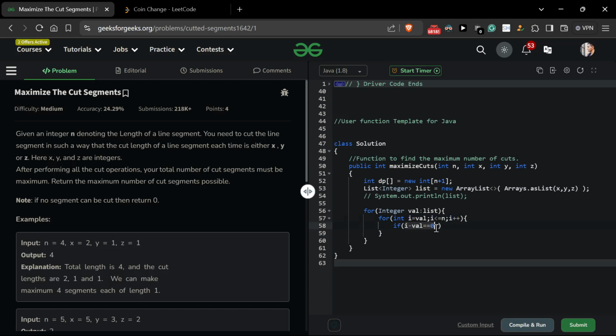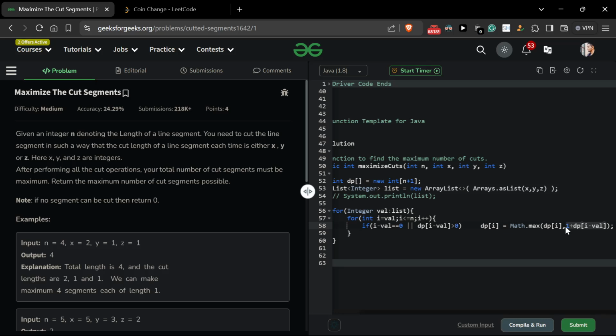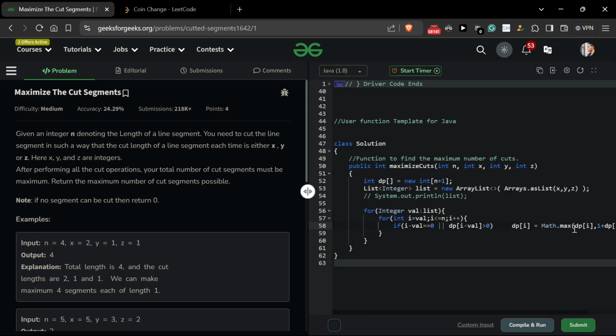If this is the only part, means I is equal to value, then we have a segment of 1, or the left out remaining segment is valid, then we find the maximum between already filled value and the remaining value plus 1, and at the end we will return dp of n. That's how we will solve this question.